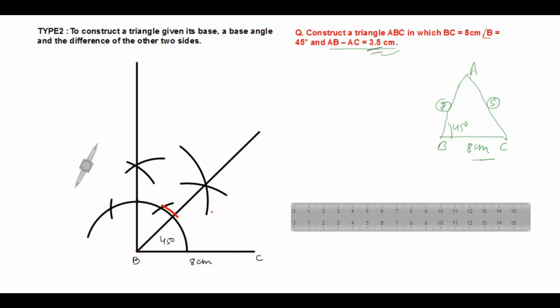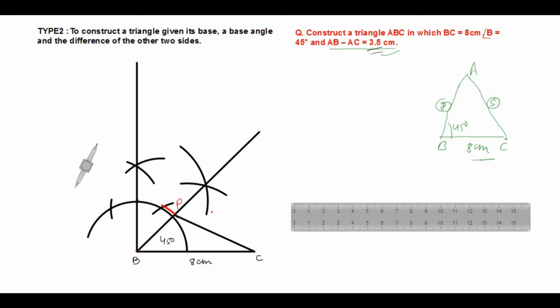You can name this point as P. Now, as we did in the previous question, after getting this point P, you join this point to the point C, join PC, and you will get a line segment PC.